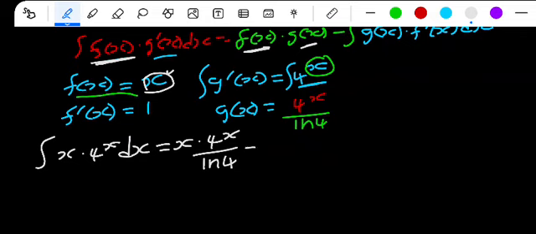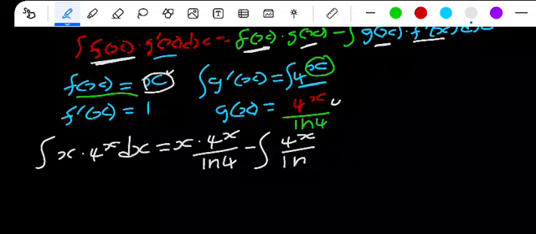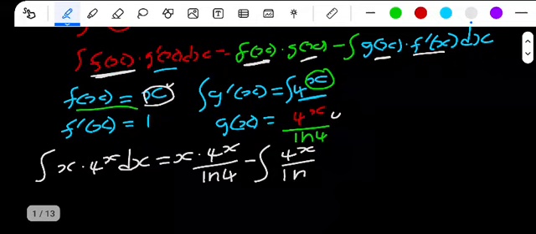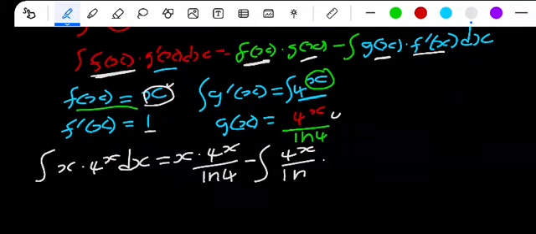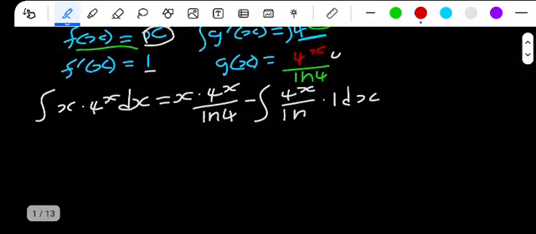minus the integral of g of x, which is 4 raised to the power like that, multiplied by f prime, which is 1, so we have our dx. Then we apply the math. This is what we have.